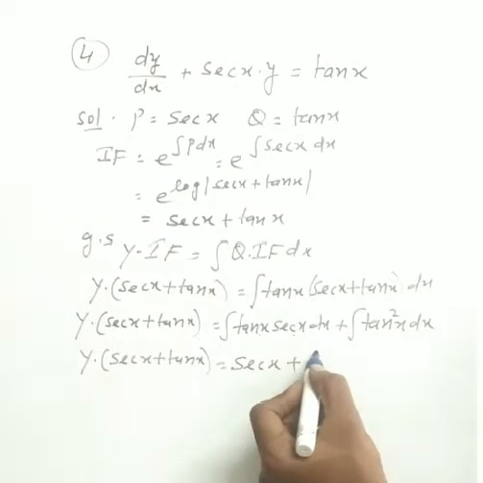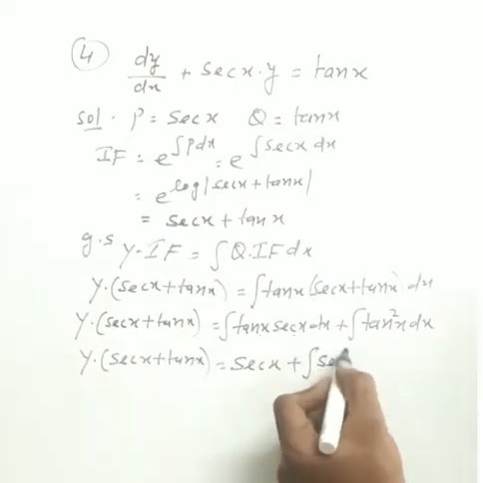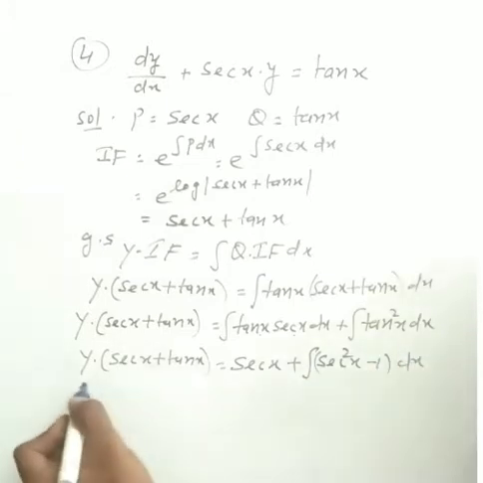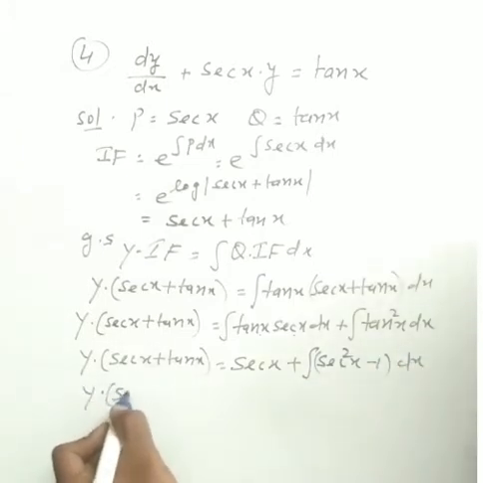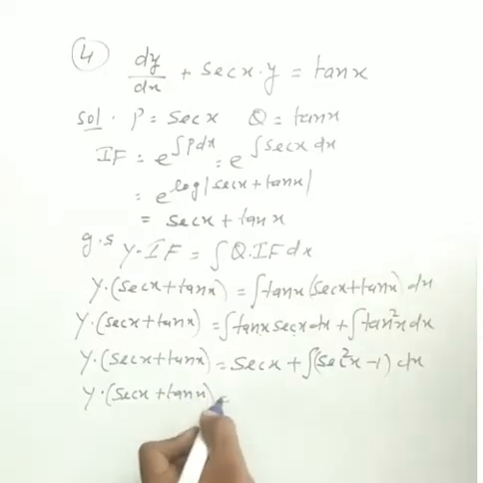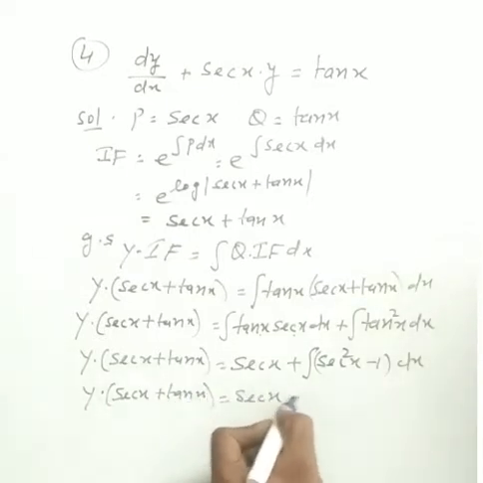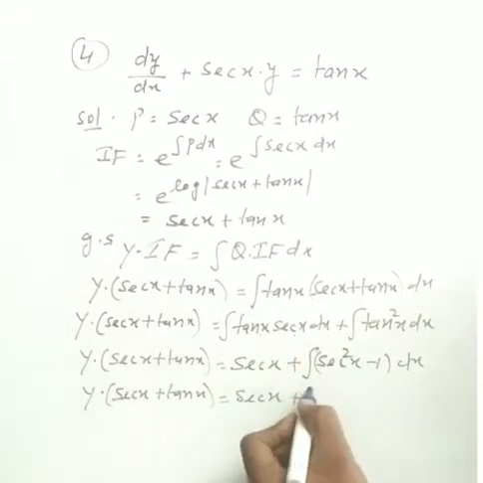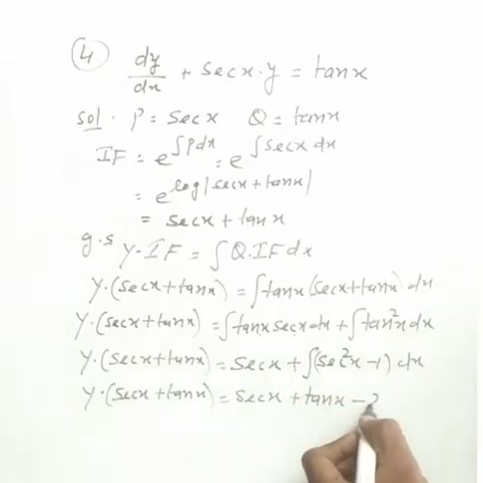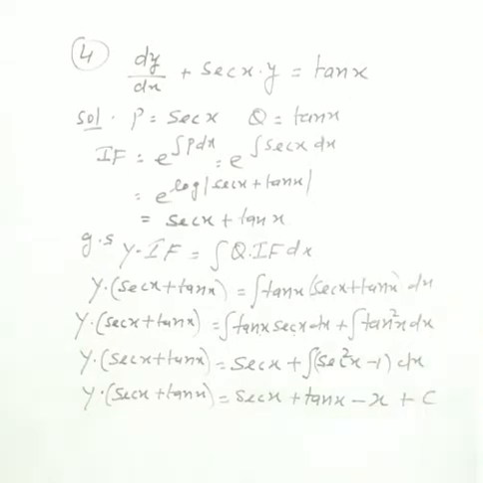Integration of tan square x is integration of (sec square x minus 1) dx. So y(sec x + tan x) equals sec x plus tan x, since integration of sec square x is tan x, and integration of 1 is x, plus C. That is the answer.